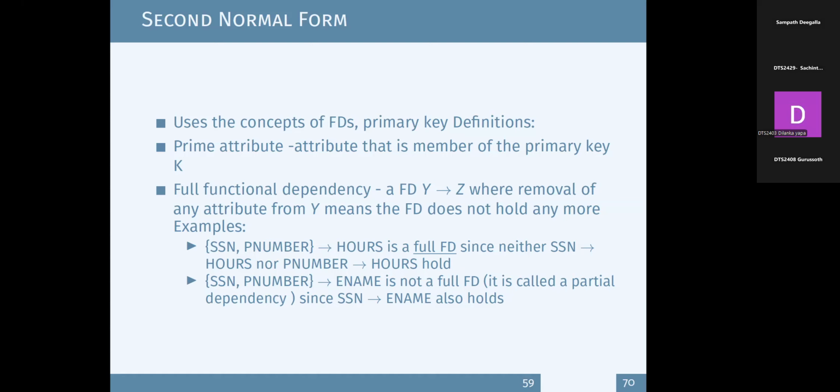The concept that we are trying to explain here is called fully functional dependency, right? Now, let me explain what this means. So when you have more than one attribute in a primary key, let me repeat one more time. When you have more than one attribute in the primary key.